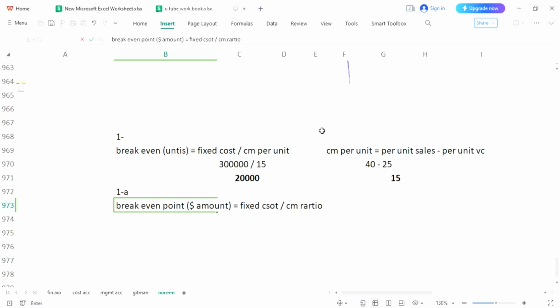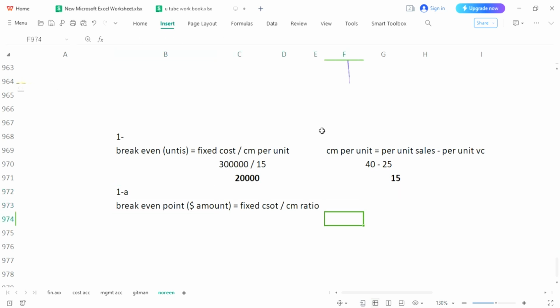How do you calculate the ratio? CM ratio means contribution margin divided by sales. You can take the answer in terms of times or in terms of percentage.